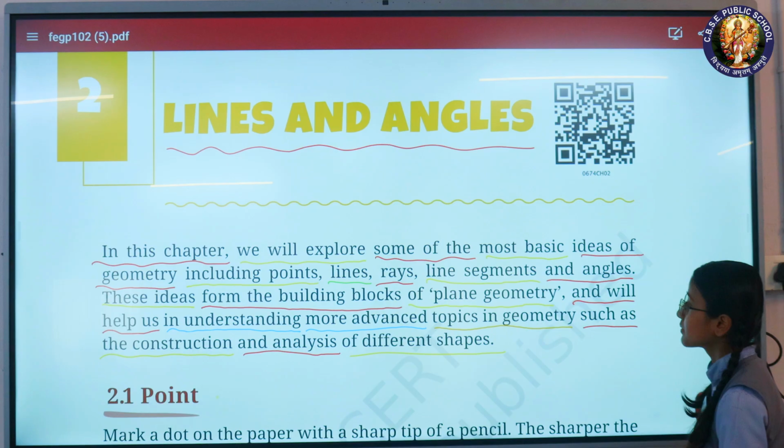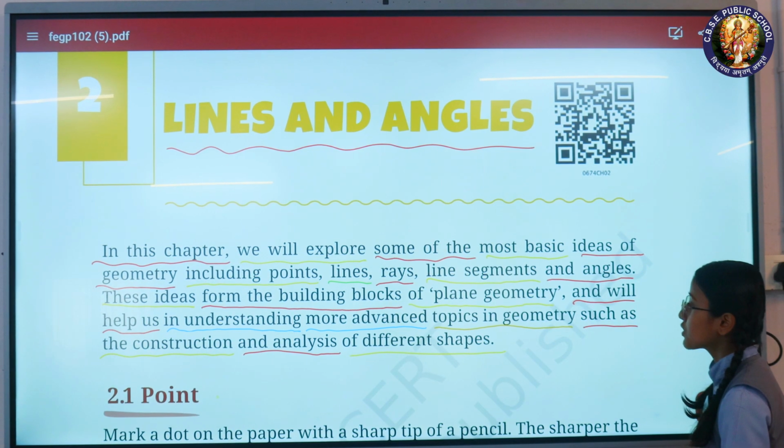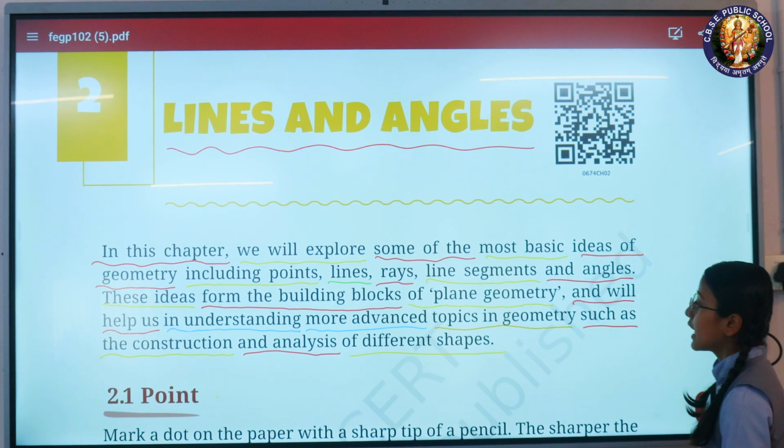These ideas form the building blocks of plane geometry and will help us in understanding more advanced topics in geometry, such as the construction and analysis of different shapes.